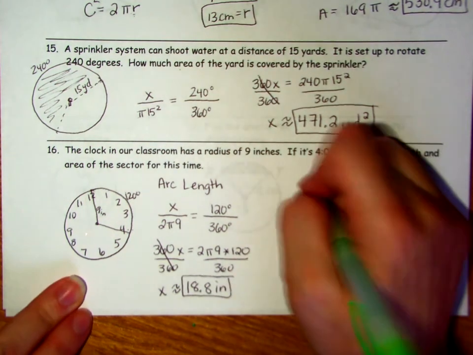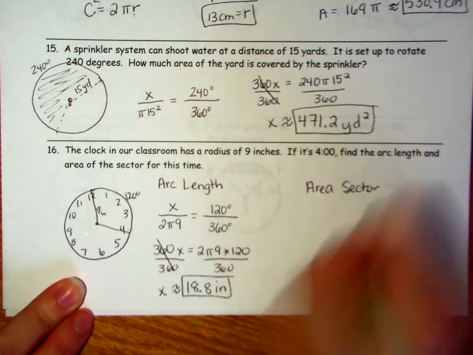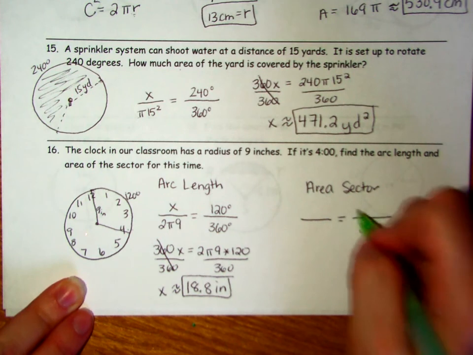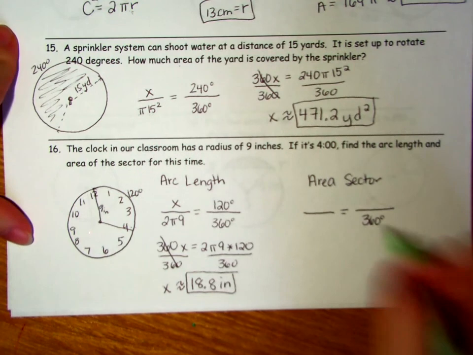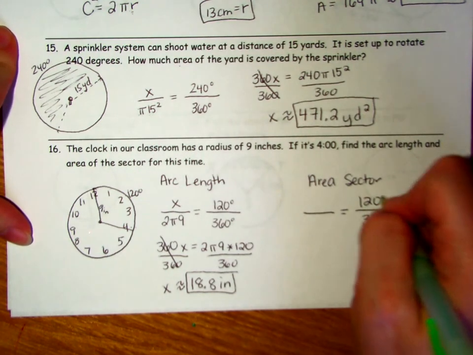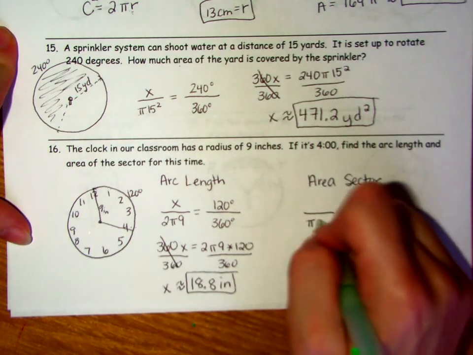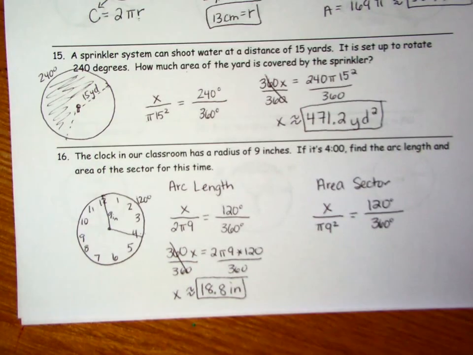Now let's do the area of the sector. Same concept. It's out of 360 degrees, and we're using, sorry, I knocked down my microphone. 360 degrees, and we're going to use 120 of it. And we're dealing with area, so that's pi r squared, so pi, my 9 squared. And then I'm trying to find the area of the sector, so that's going to be the x there.